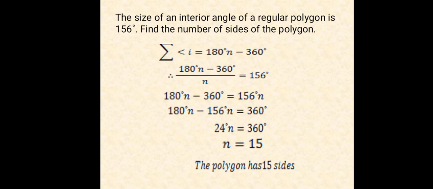So if you take 180 degrees n minus 360 degrees, divided by n, you get the interior angle of the regular polygon as we have been given, 156 degrees. Now if you solve for n, you find that n is 15. So the polygon has 15 sides.